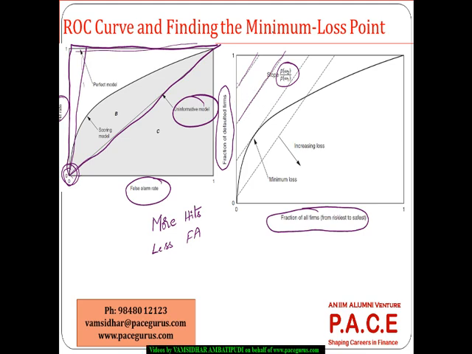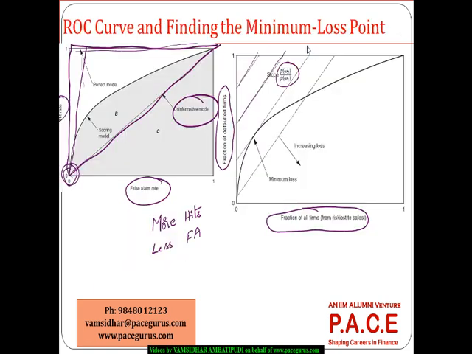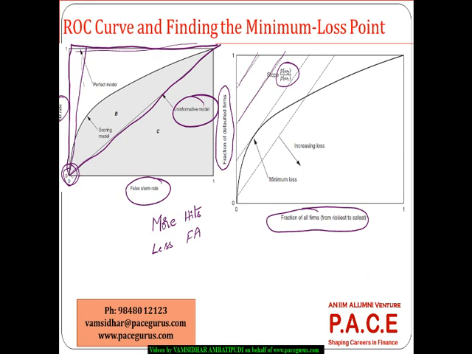On that particular line, everything corresponds to the same loss. The minimum loss will be at the tangency of the ROC curve and the lowest iso-loss line. Whichever line is tangent here, that is where we get the minimum loss.